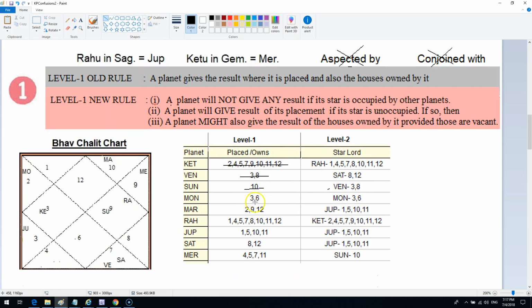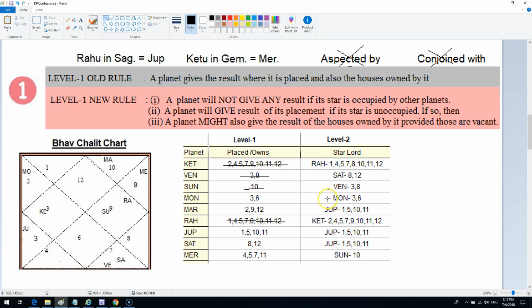Let's look at Rahu, and let's look at any planet occupying Rahu's star. We find that Ketu is occupying Rahu's star. So following rule number 1, we strike out the significance of Ketu that was laid down according to the old rule. Now let's look at Jupiter.